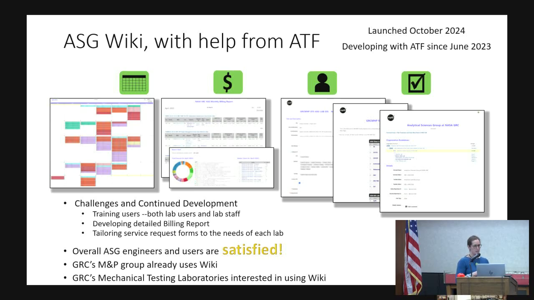And so as far as solving the 4 main problems that we needed, these are blurry screenshots because there's data on them. But as you can see, this is an example. We have a nice scheduling calendar so we can see who is scheduling. And this is one of the things, we've heard from some of the other labs they're big, huge laboratory facilities.